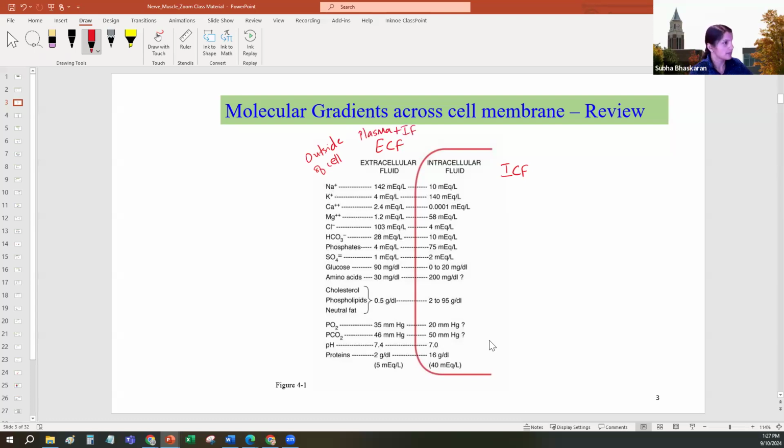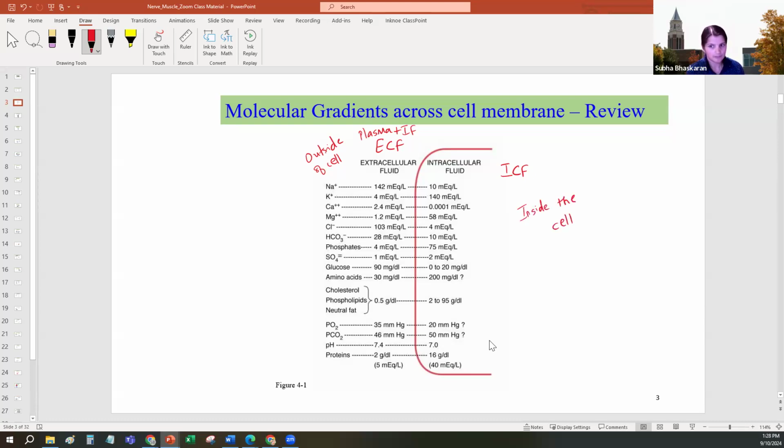Yes or no? That make up the ECF, which essentially means that these are part of the blood plasma. Then ICF, on the other hand, if ECF is outside the cell, ICF would be inside the cell. Yes or no? Intracellular fluid.